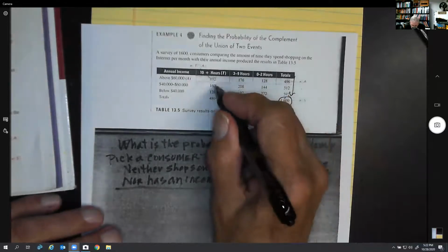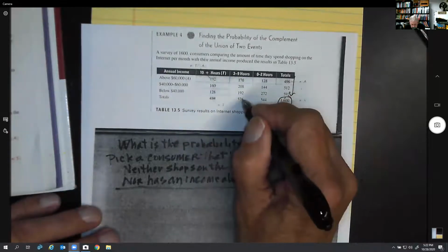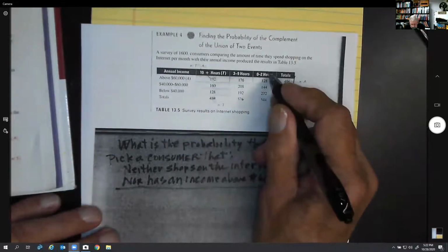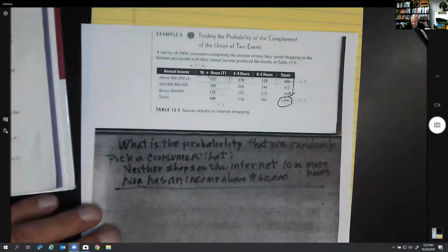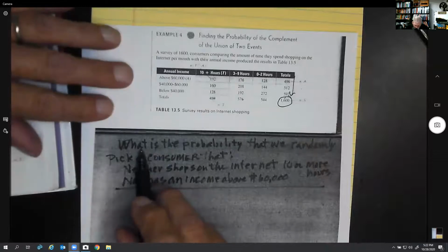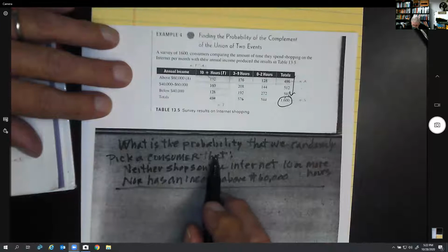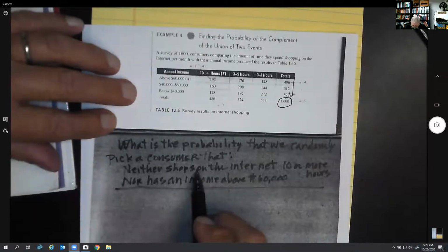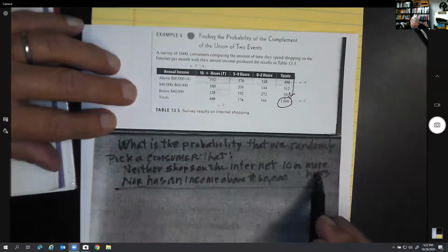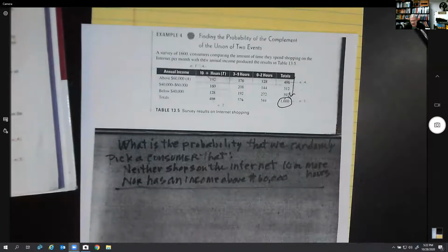This would be the total amount of people that spend 10 or more hours, total people that spend 3 to 9 hours, 2 hours, or 0 hours. So what we want to do is find the probability that we randomly pick a consumer, just at random, and they neither shop on the internet 10 or more hours, nor have an income above 60,000.